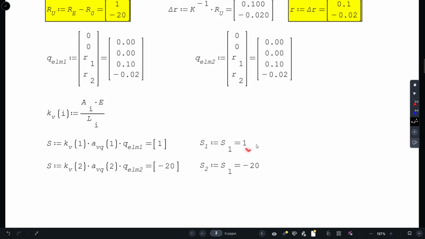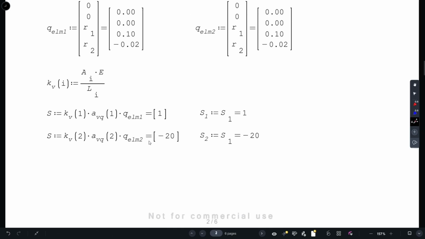So that is equal to unity, right. And similarly for element 2, which is minus 20. Now for some reason it gives me in kind of an array form, which was giving me some problem. So therefore I saved it in S and then took the first entry so that it becomes a scalar, okay. So this is 1 and minus 20, right.